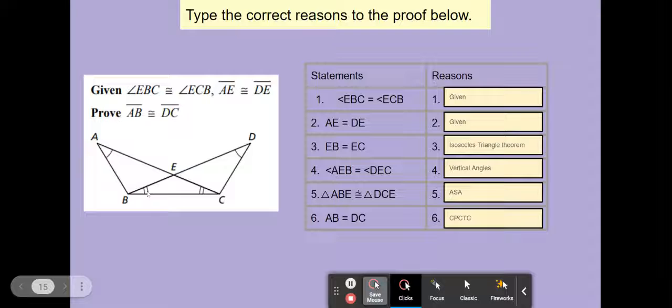And finally, AB must be congruent to DC by our old friend CP. If we know the triangles are congruent, which we proved in part 5, then the corresponding parts must be congruent. That's part 6.